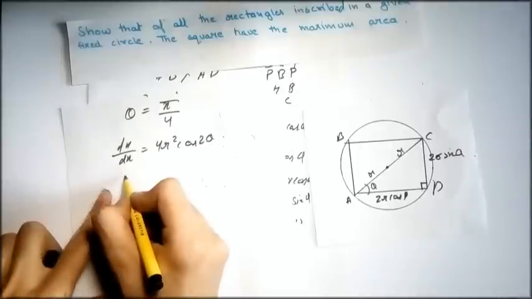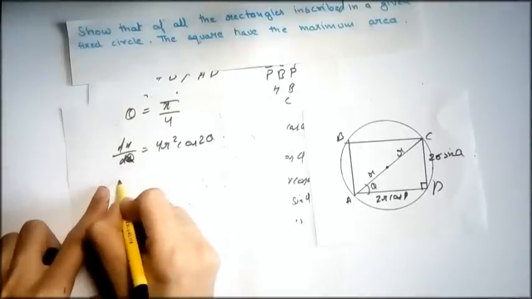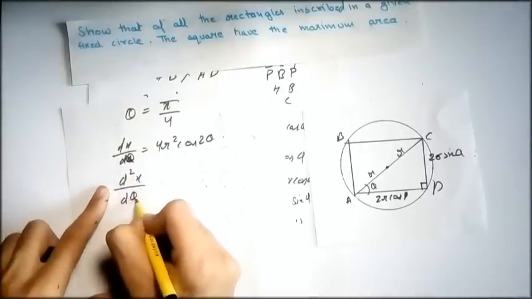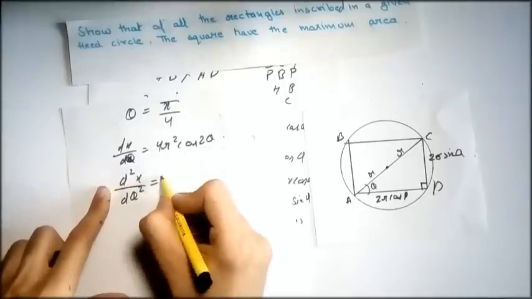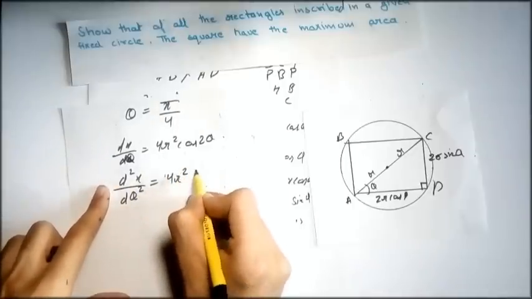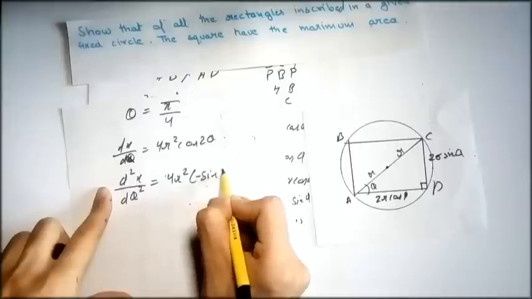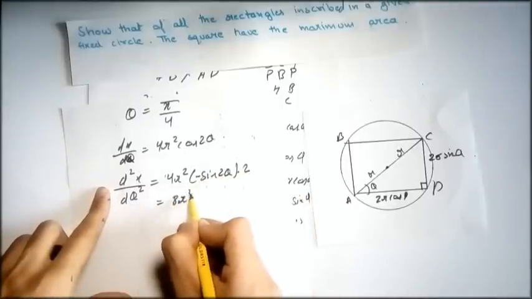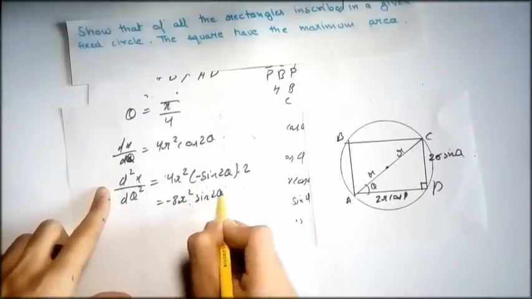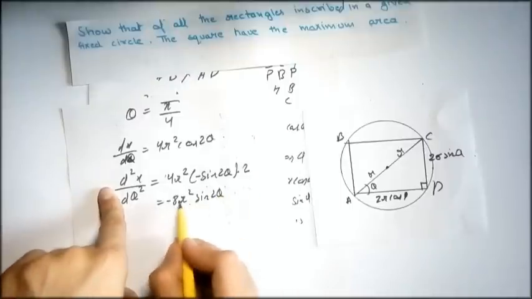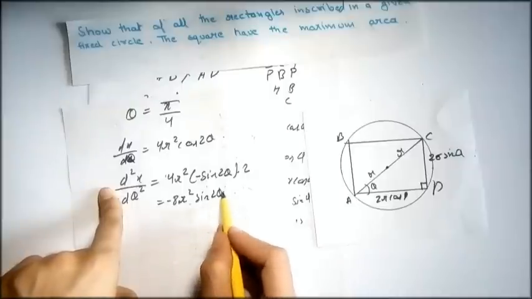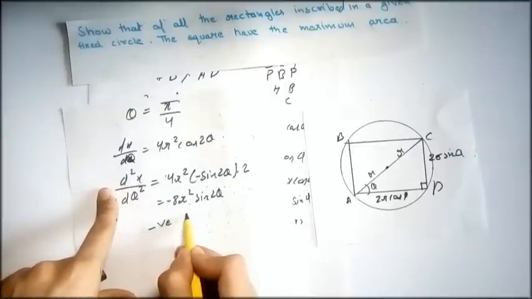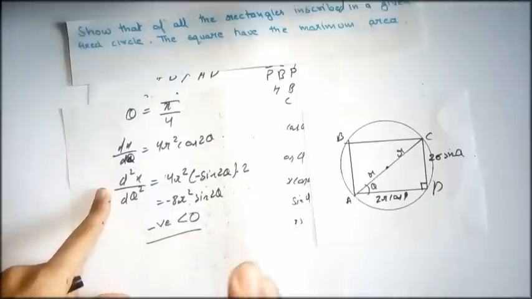Differentiating again, that is 4r square, cos derivative is minus sine 2 theta, and 2, so 8r square minus sine 2 theta. It is clear from here, there is a minus sign, and if we put pi by 4 in here, we will overall get negative, and this is less than 0. That means it is maxima.